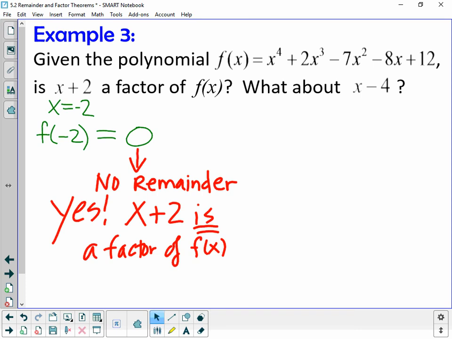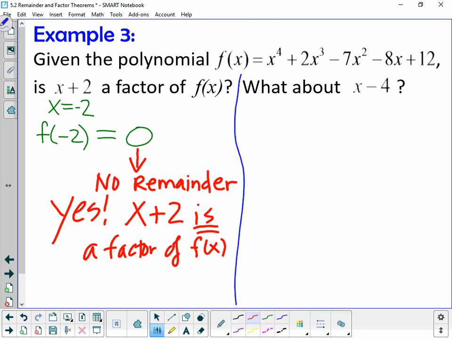Let's test another factor. What about x minus 4? Well, if we wanted to test x minus 4, we would use the 0, 4. So we would plug 4 into our function, and if we do that, it's a little bit of calculator work here. And we can evaluate it, and we get 252.